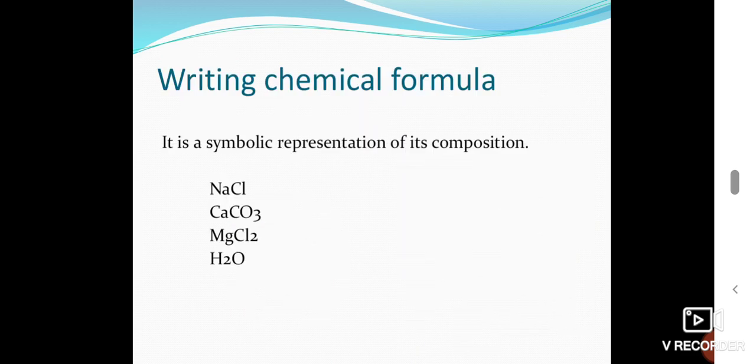And next, writing the chemical formula. There are many chemical compounds. In all the chemical compounds, memorizing the name is quite difficult. So the chemical compound is represented by a symbol, that means the chemical formula.